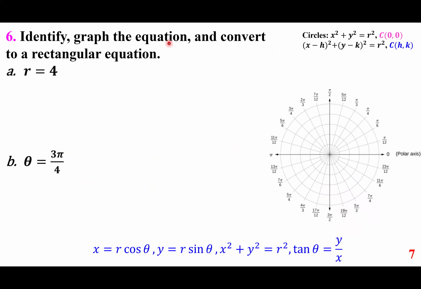Identify, graph the equation, convert it to a rectangular equation, and so forth. So anytime, so we have some information here, and when r is given, just square both sides.